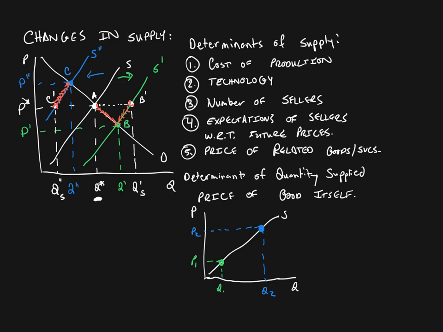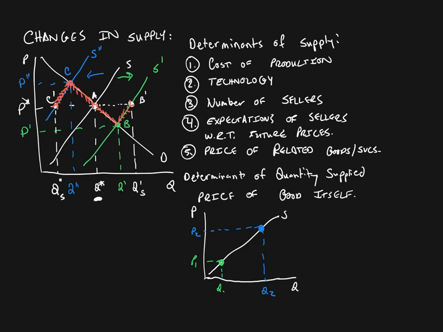But as the price rises, it sends the signal to the buyer, hey, maybe you need to think about cutting back on this. It's costing more than it used to. Do you really need that? And so as the price rises, buyers buy less until they get to point C at this price P double prime. And at P double prime, buyers want to buy exactly what sellers want to sell, and we're in a new equilibrium.